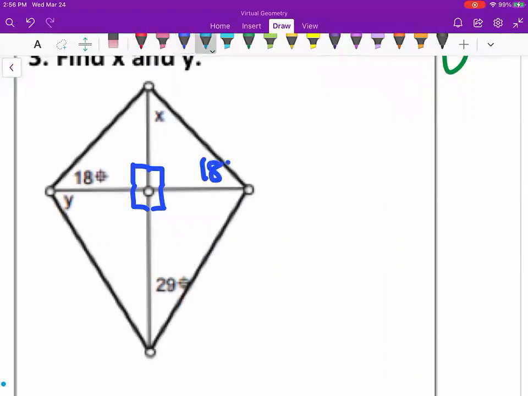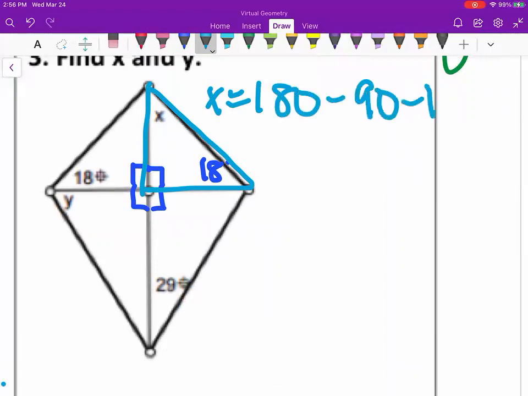And right now I have enough to solve for this top right triangle, because every triangle is 180 degrees. So 180 minus 90 minus our 18 that we just put over there means that X is 72 degrees.